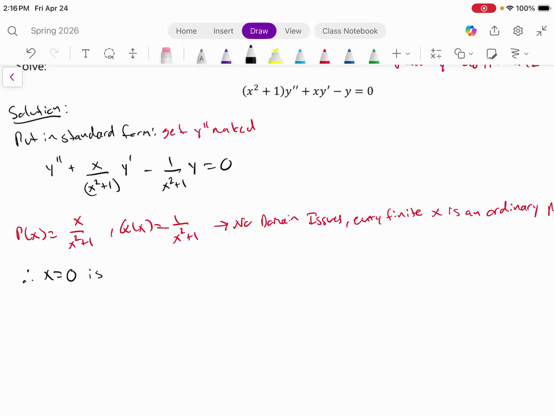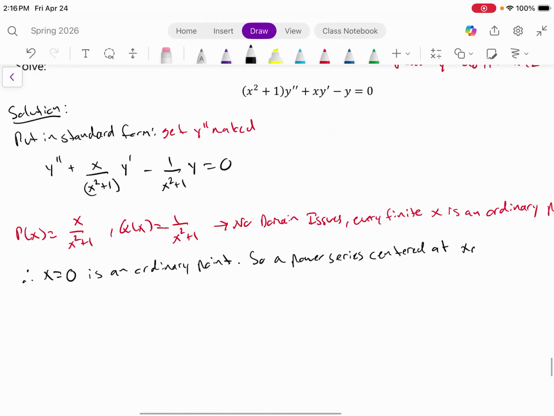So x equals 0 is an ordinary point. So a power series centered at x naught equals 0 will converge.